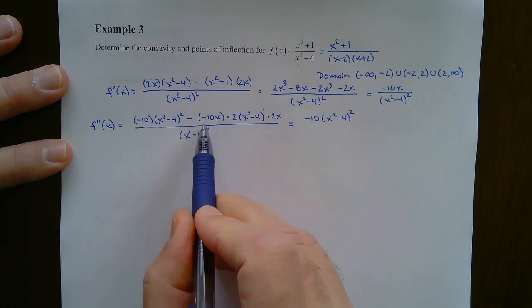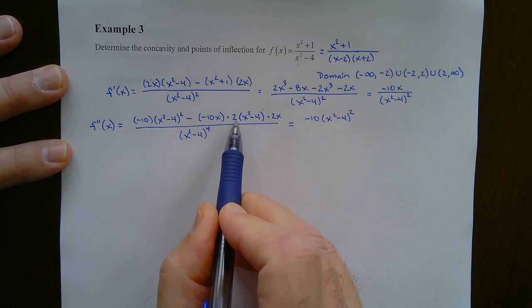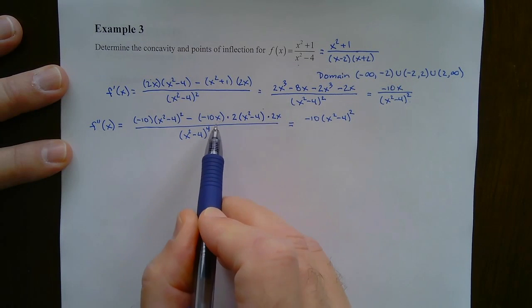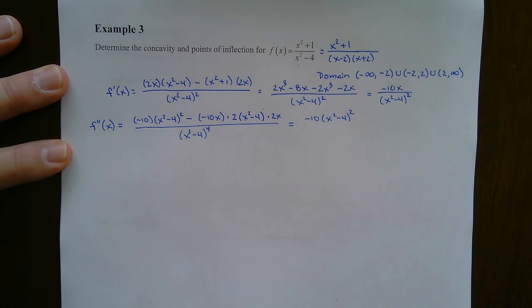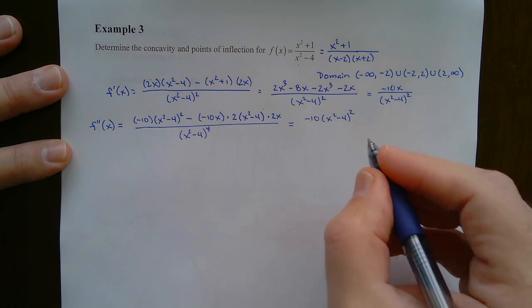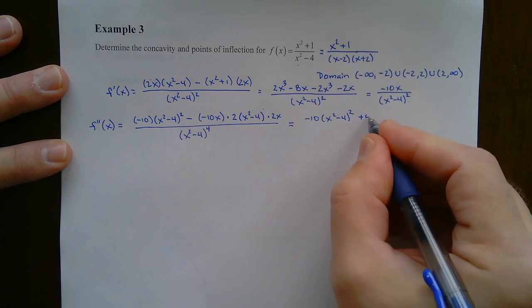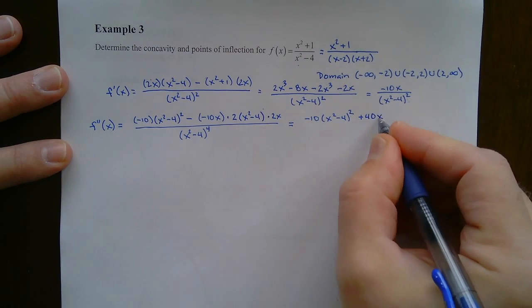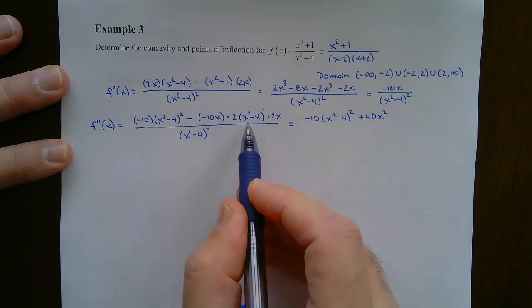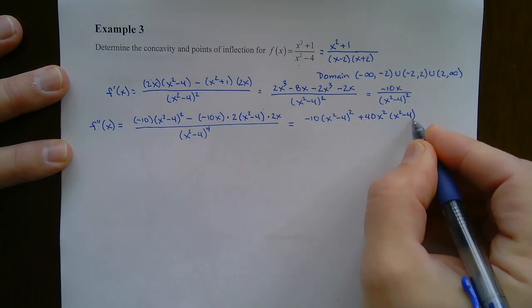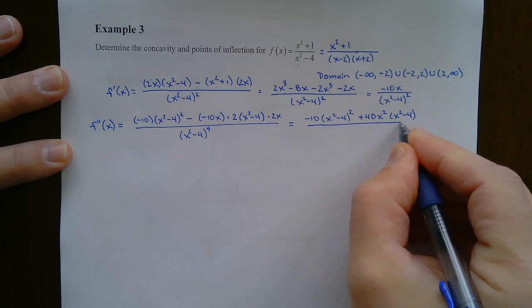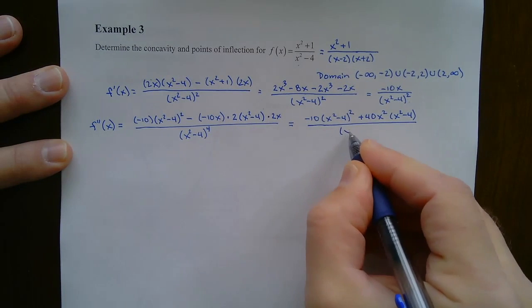And this is going to become positive 10x times 2 times 2x. So that's going to make 40x squared. So plus 40, I'm just double checking, plus 40x squared. And then times this x squared minus 4. All over x squared minus 4 raised to the 4th.